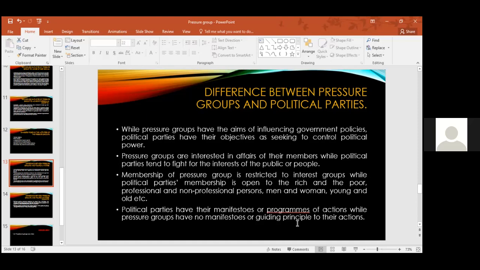The idea of pressure groups is that they work with the trend, with whatever the government does. Unlike political parties that have their agenda, maybe a 7-point agenda, their manifesto, the pressure group only works with the government. Whatever the government shows them will determine how they respond.